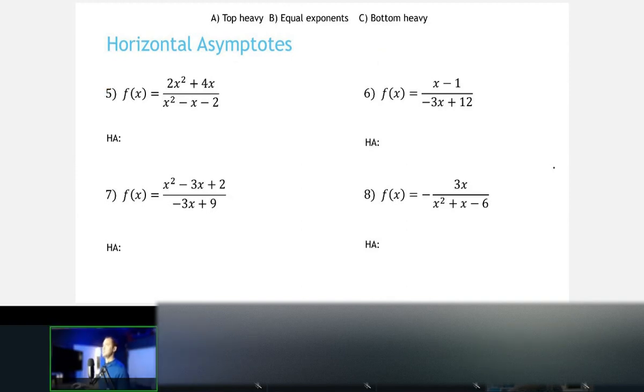In chat, you said it was B. What is the HA then? Make sure you reduce. I want the reduced answer. So y equals 2. Y equals 2. All right, nice job. Yep, y equals 2.